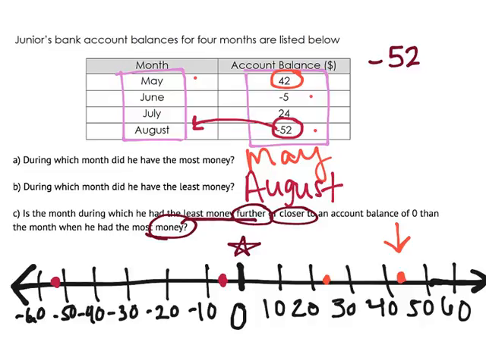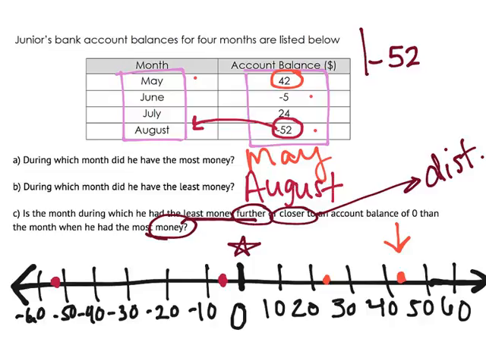Okay, so in August, is August negative 52 further or closer to 0 than May, which is 42? So if I'm talking about distance, those words further and closer are telling me that we're talking about distance.